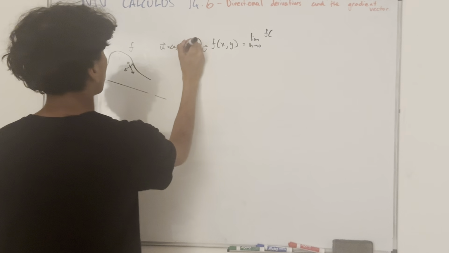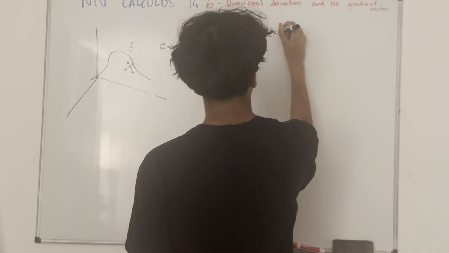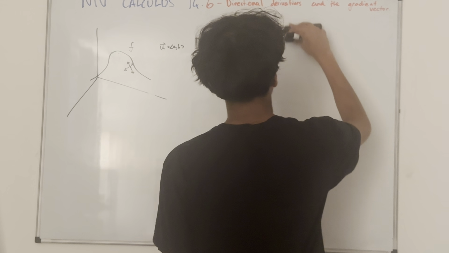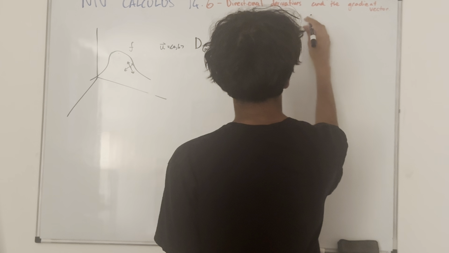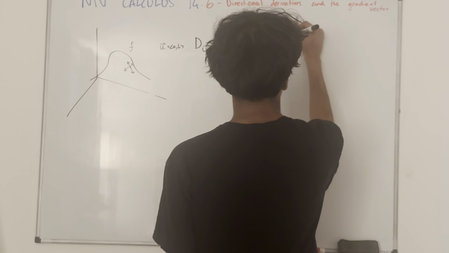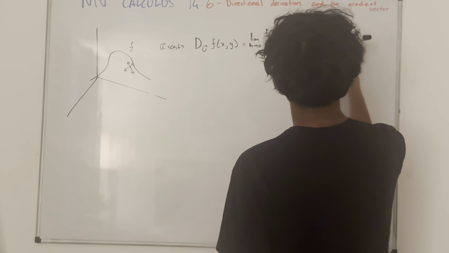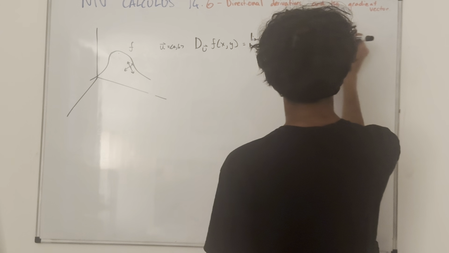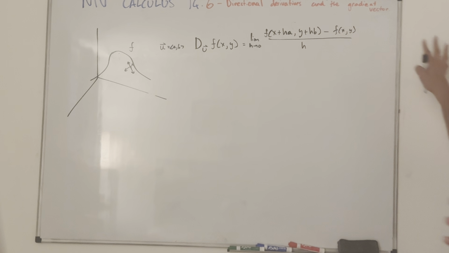So really, we're looking at the limit as we go from x, so we'll say f of (x plus ha, y plus hb) minus f(x, y), all over h. So this is a pretty traditional limit definition. The interesting thing going on is this x plus ha, y plus hb business.